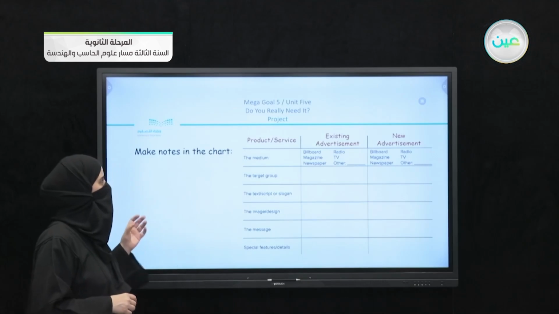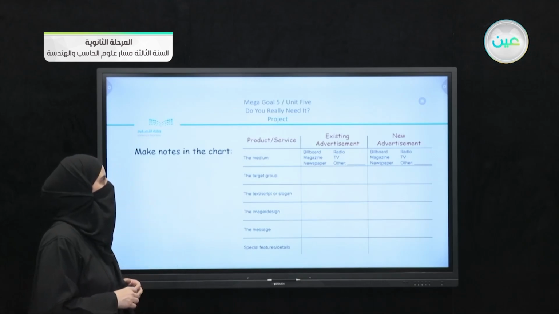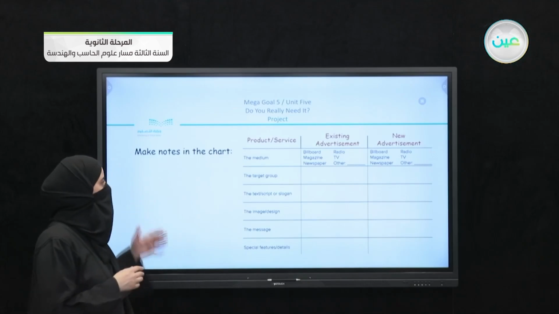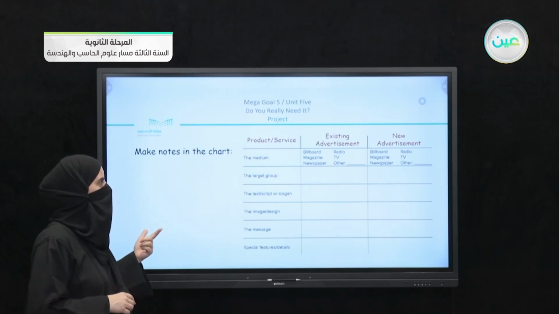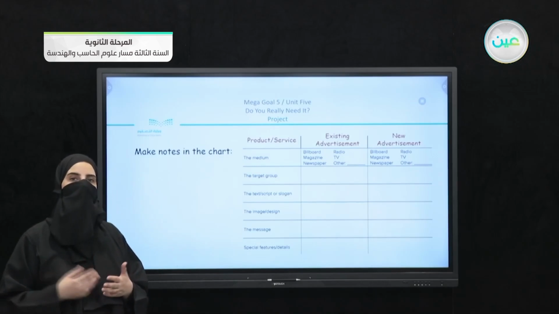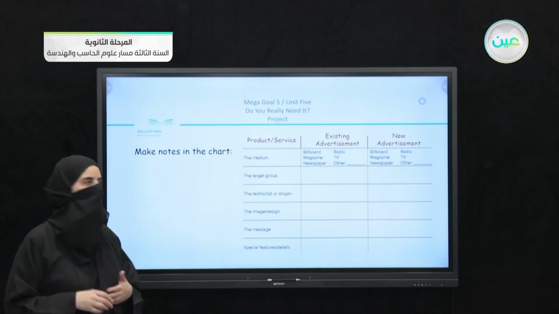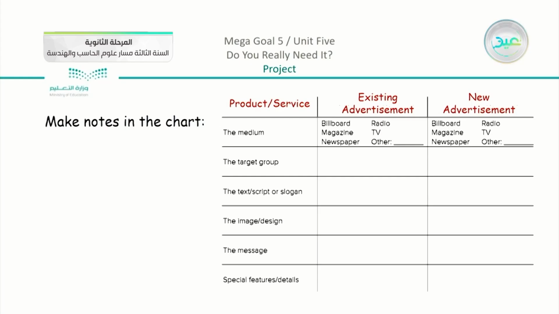You are going to see, first of all, the product or the service. So there are different things. We have here the medium. So what is the medium that is used in the advertisement? Of course, we are going to here analyze the existing advertisement. So it can be billboard, radio, magazine, TV, newspaper, or any other method.